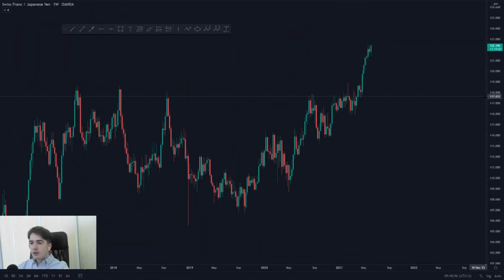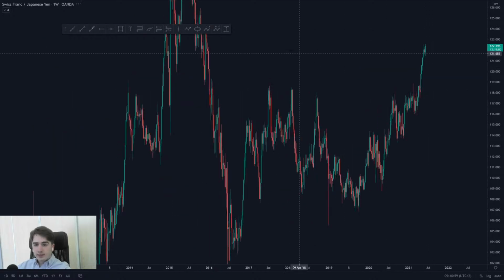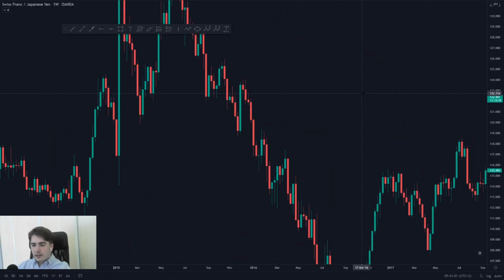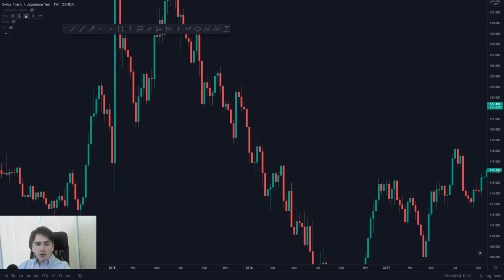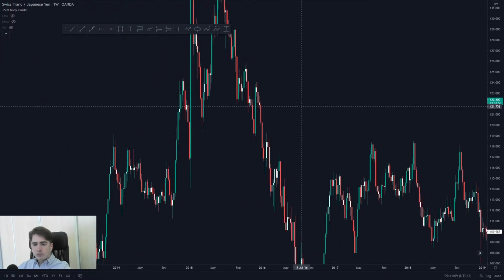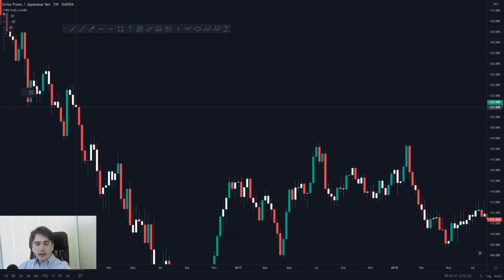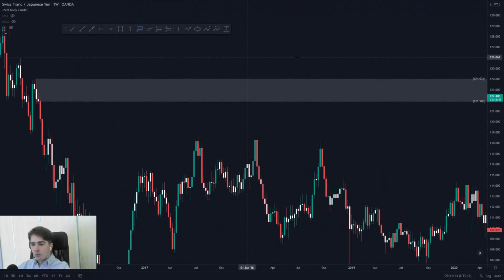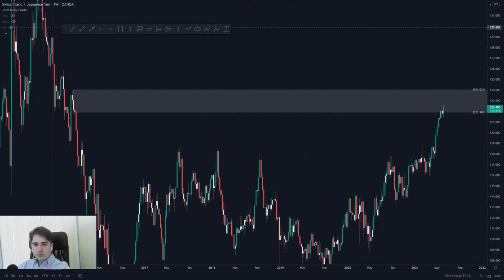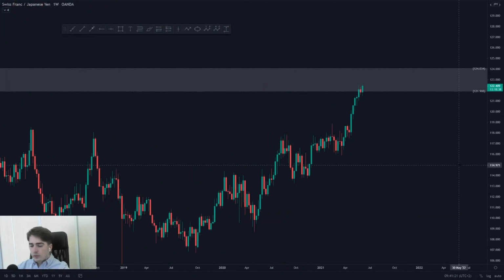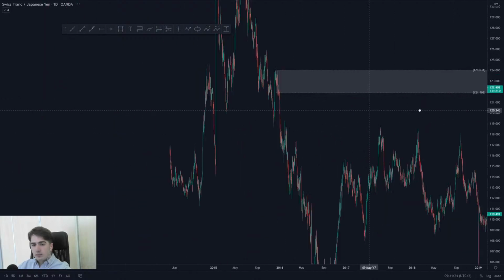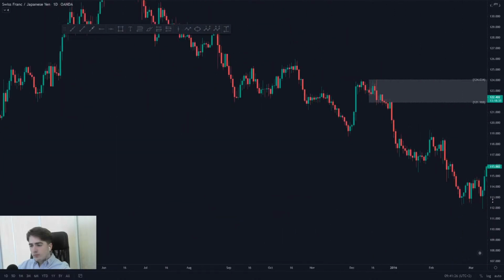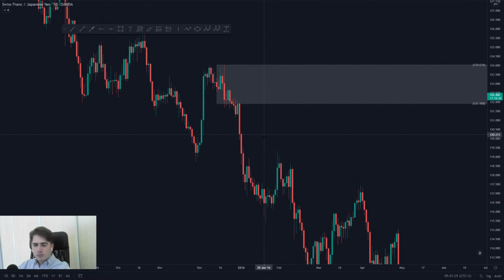Swiss yen. Oh yeah, Swiss yen is super overextended. Looking at the weekly, what we have in the market at the moment, we do have this area of supply on the weekly, which we've tapped into. So weekly supply, looking at the daily, daily took out this low.